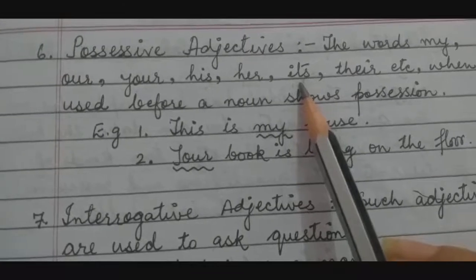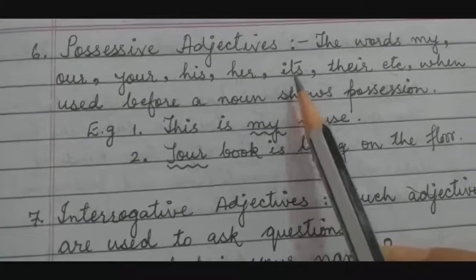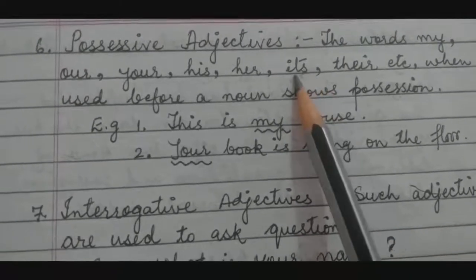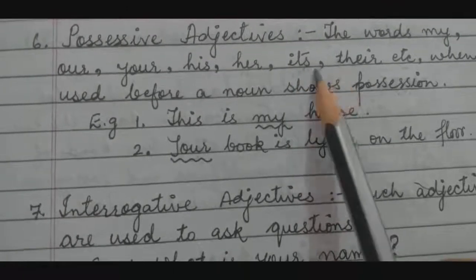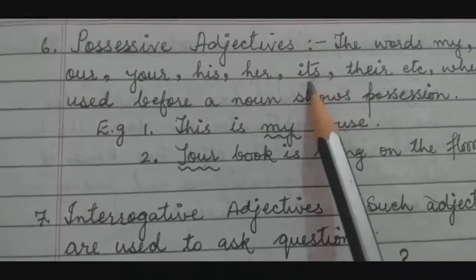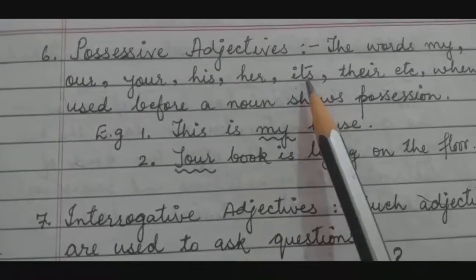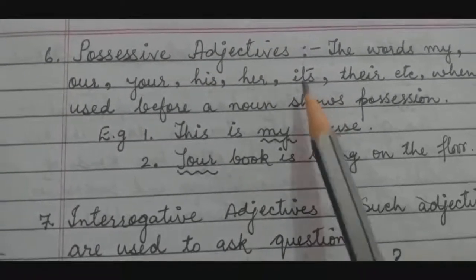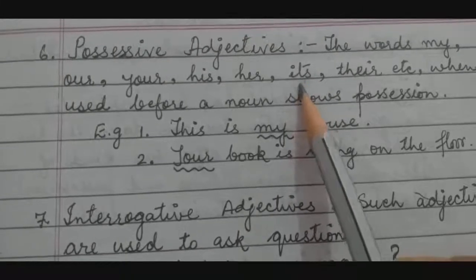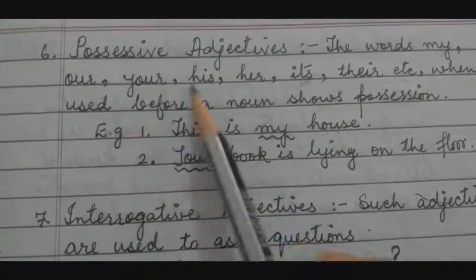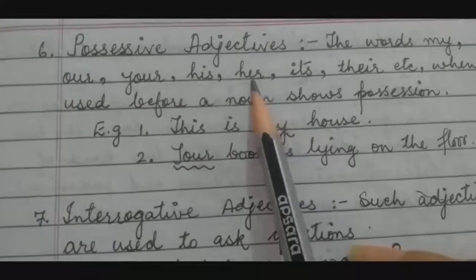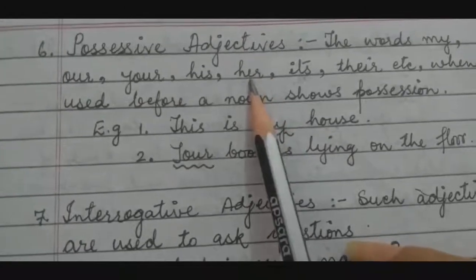Clear now? Suppose I say, the dog has lost its tail. For dog we will not say his. For dog we will use its because a dog is an animal. All these words are used before nouns. That means before a person.